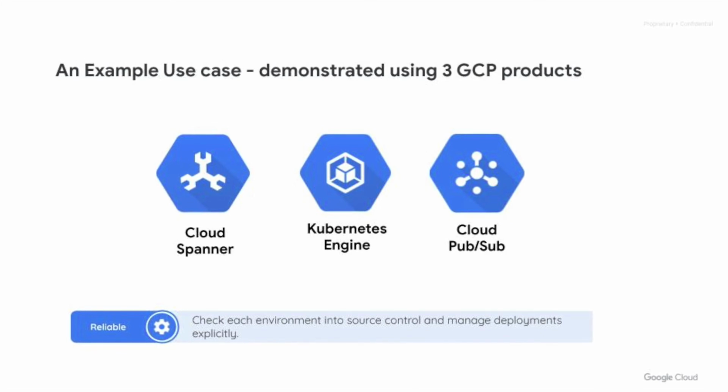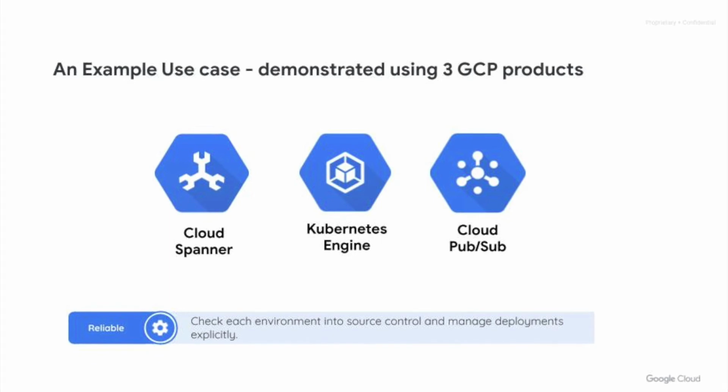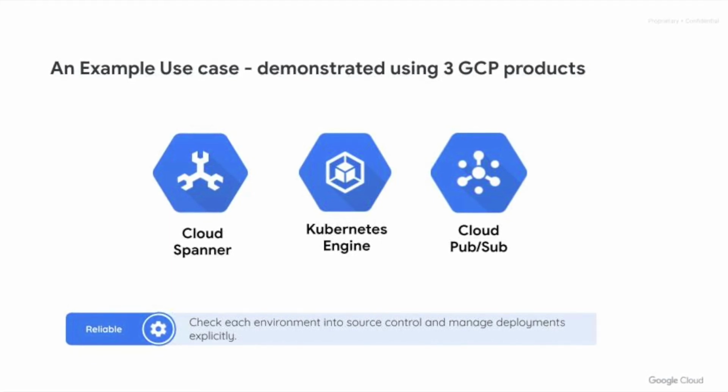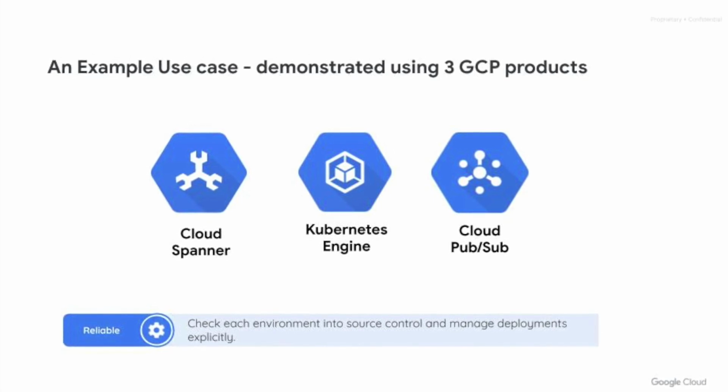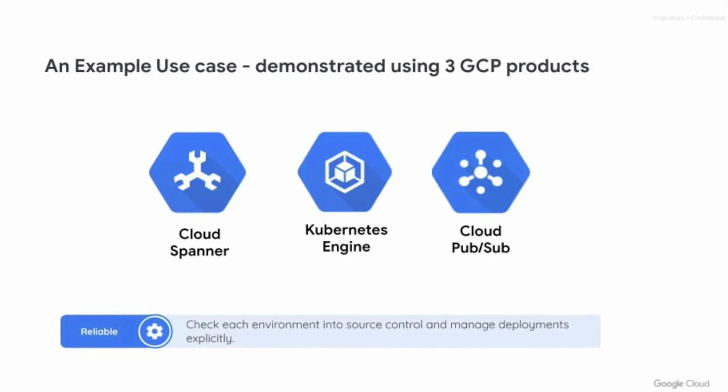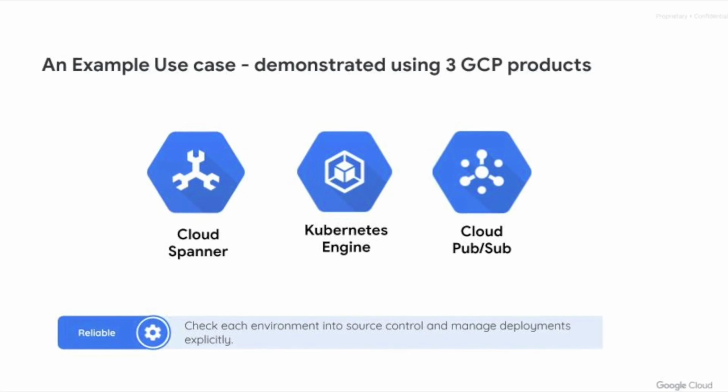For our specific use case, we needed a backend that can scale rapidly, that can support millions of requests a second globally, and that can support a 25x increase in web traffic with an unexpected pattern. From a data perspective, we needed a globally distributed data store.